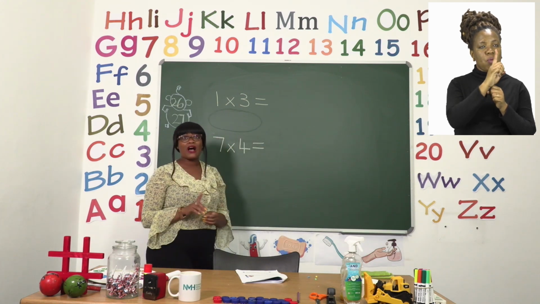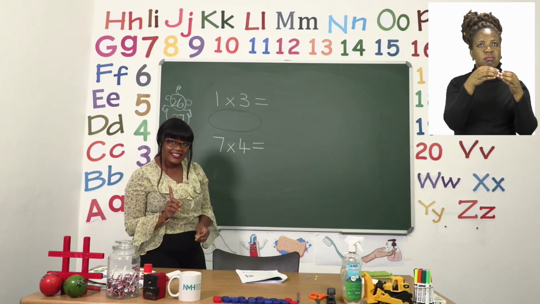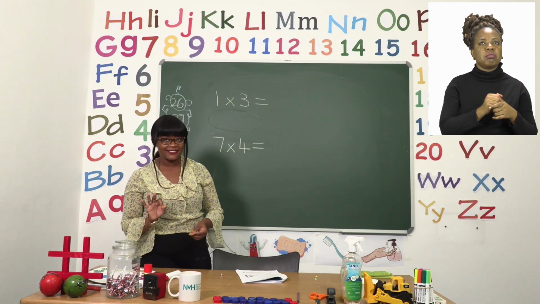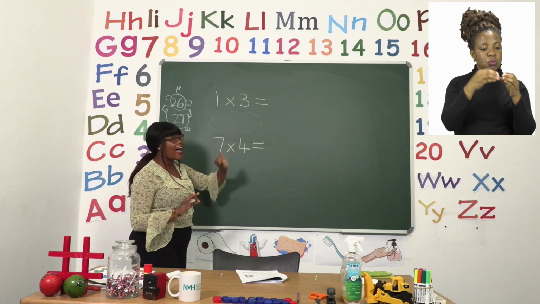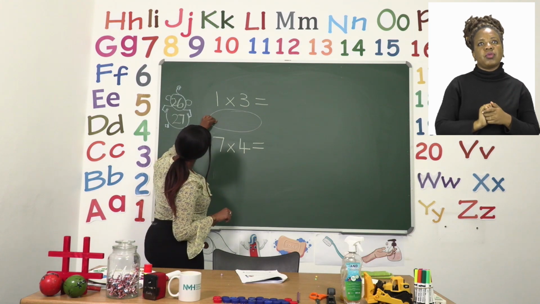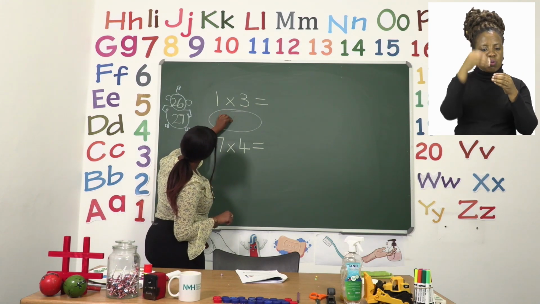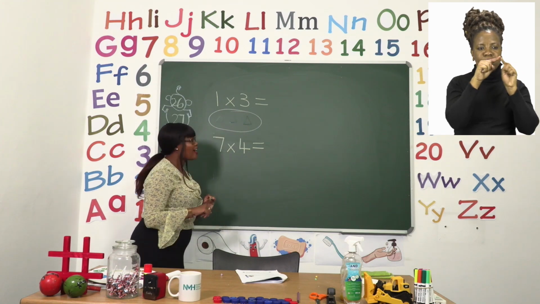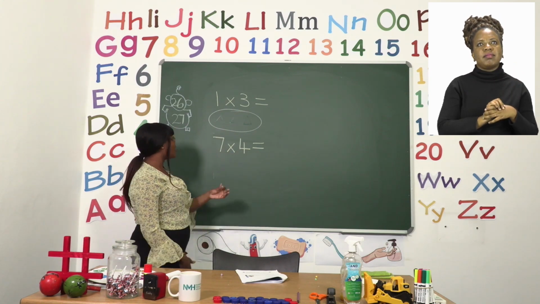So we have drawn our one set, and in that set they are telling us to put 3 things. So one set has 3 things. In this case, I want to put 3 triangles. So I'm going to put my 3 triangles, and now I've actually drawn what they've asked.